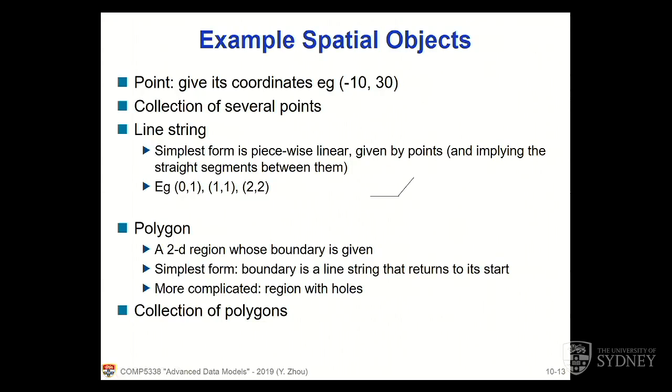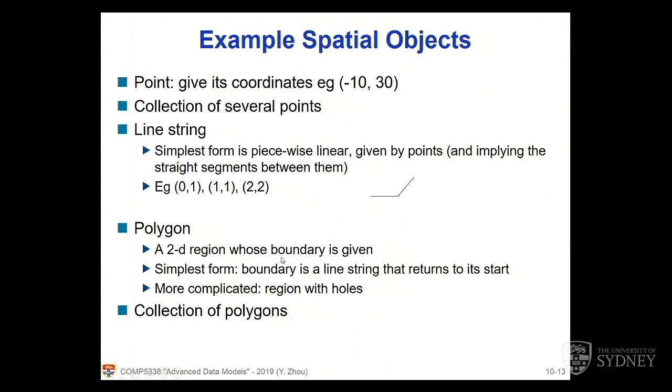The simplest form is piecewise linear, given by the points, and we indicate there's a straight line between the points. So if we indicate 3 points, there are 2 segments of lines connecting these 3 points. That's what we call line strings.